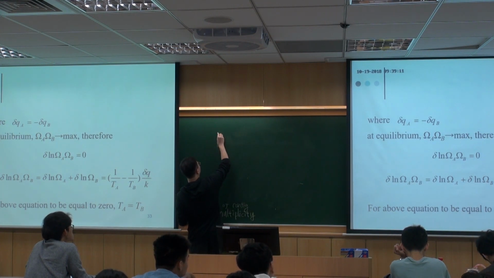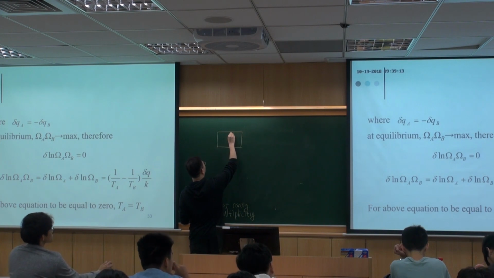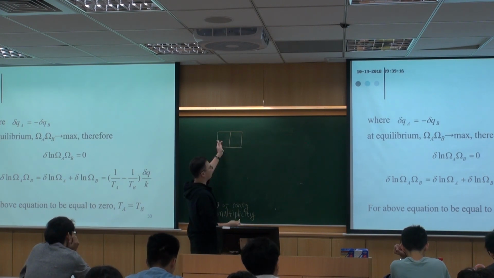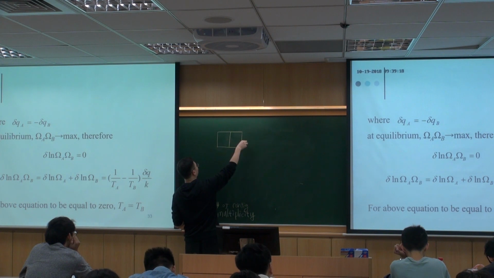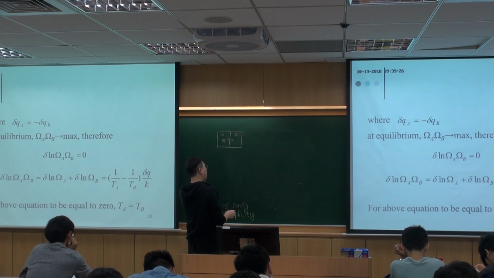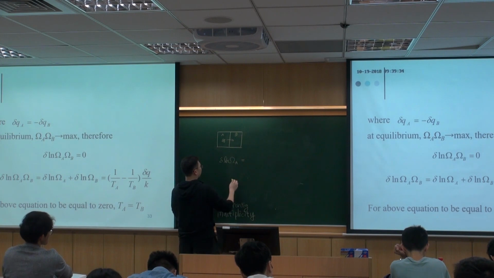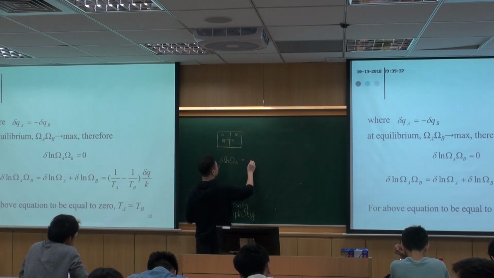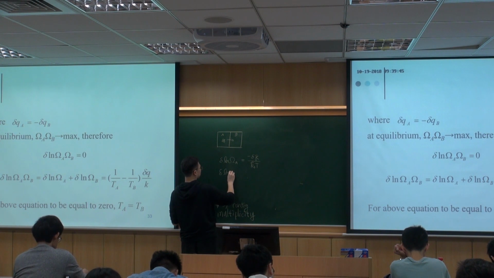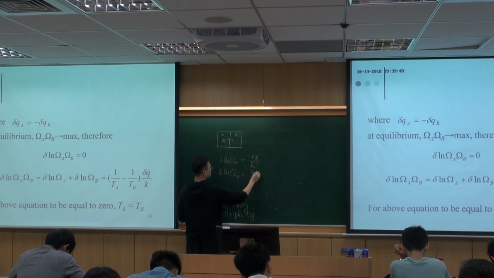So you have two systems, again, and if you stick them together, the particles all remain in their own boundaries, but there's heat going from A to B. Let's say it's delta Q, and the change of entropy over here, because there's no kB here, so we know that it is delta Q over kB T. This is minus, and this is positive.